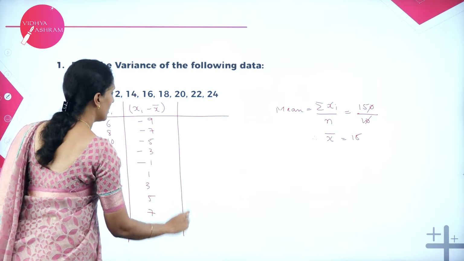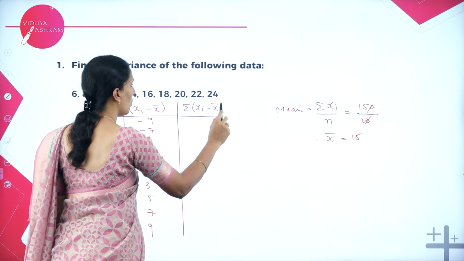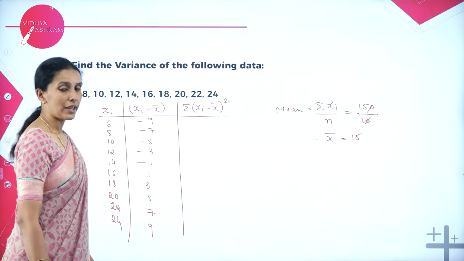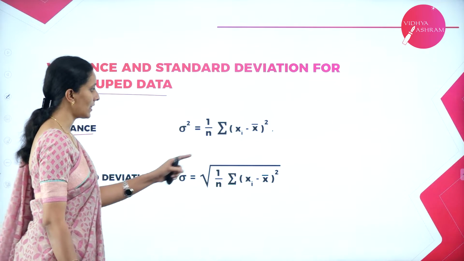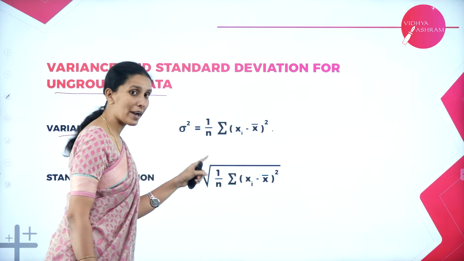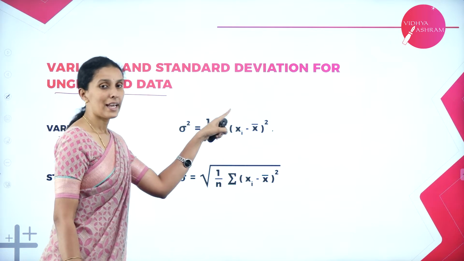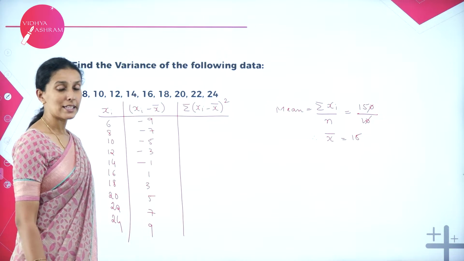Next, we will take the summation of (xi minus x bar) whole square. We are taking the square of each term because variance is nothing but the summation of (xi minus x bar) whole square divided by n. It's the mean of (xi minus x bar) whole square. So we need this column, (xi minus x bar) whole square.